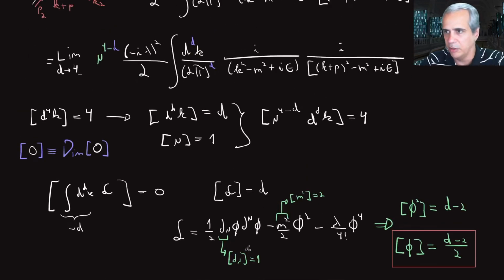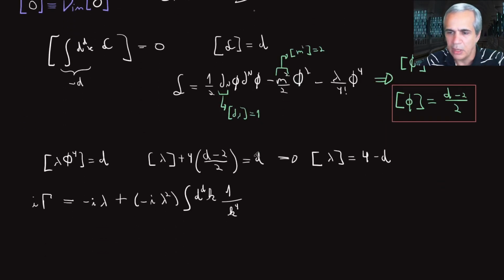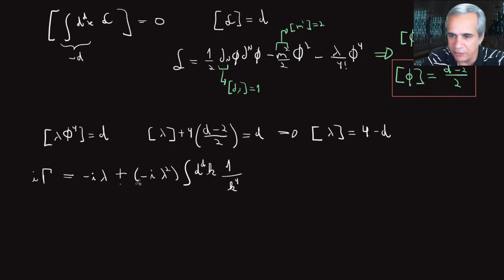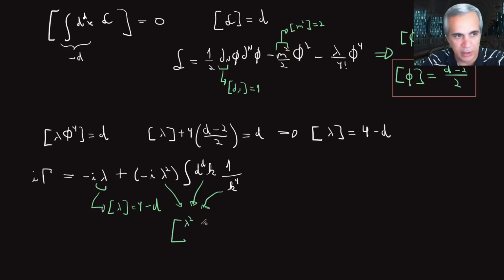I just have to look here, and you see that this part has dimensions of 1 over momentum to the fourth. And you see that here everything is working well. So lambda now has dimensions of 4 minus d. And this term has a total dimension that comes from this one, and this one, which is lambda square d dk over k to the fourth.